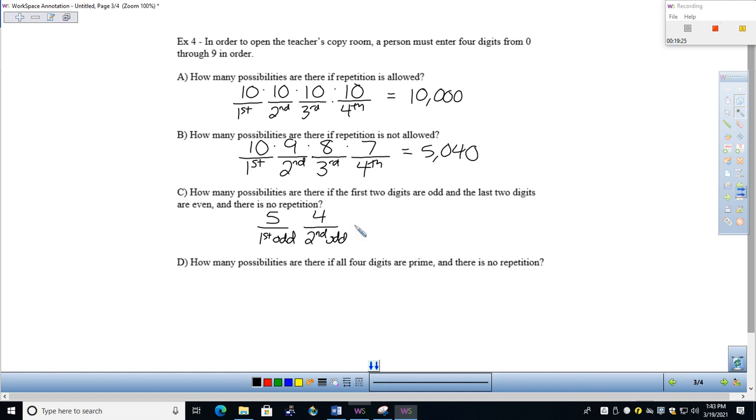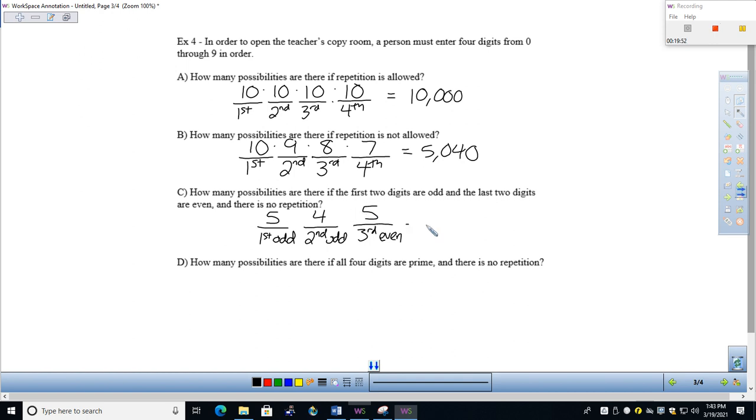Okay, good. Now I've got to punch in the third number, and the third number has to be even. And so it could be either the 0, the 2, the 4, the 6, or the 8. So it seems to be 5 possibilities for that third digit.